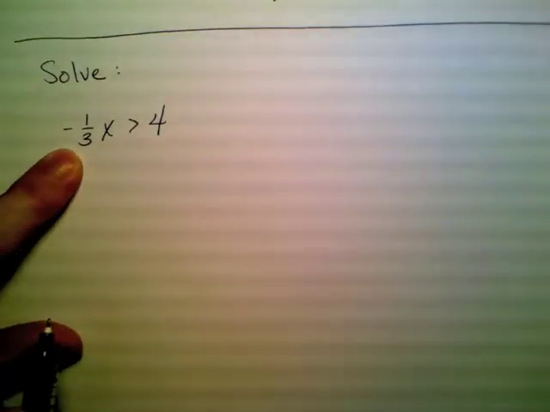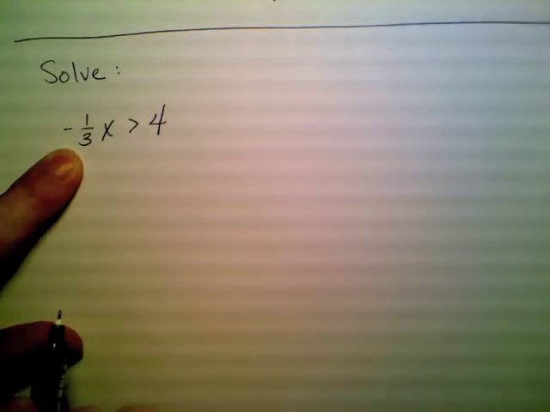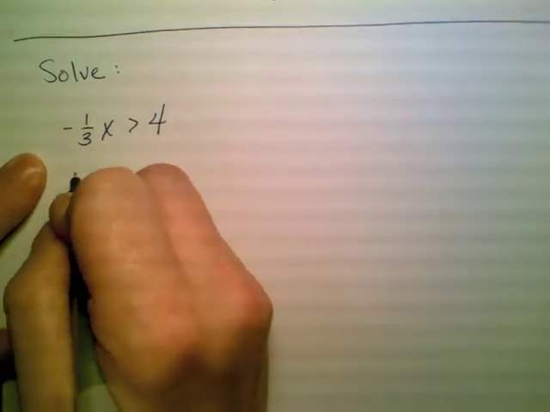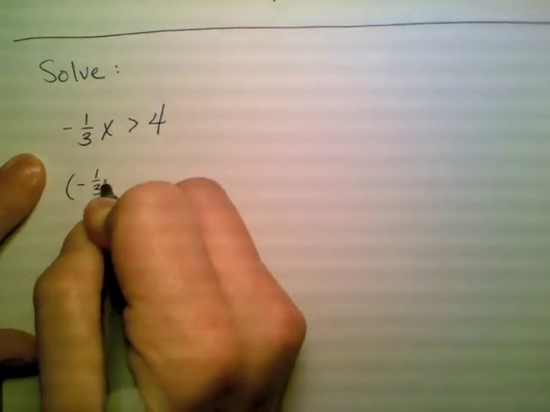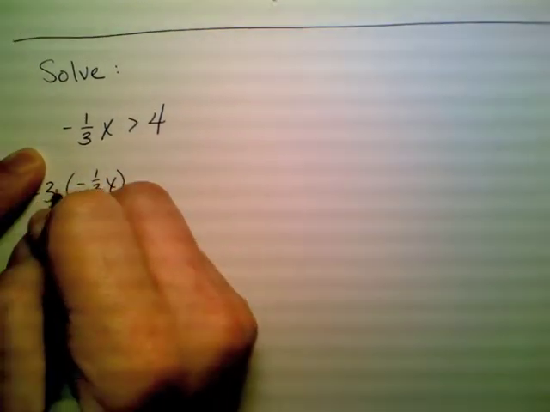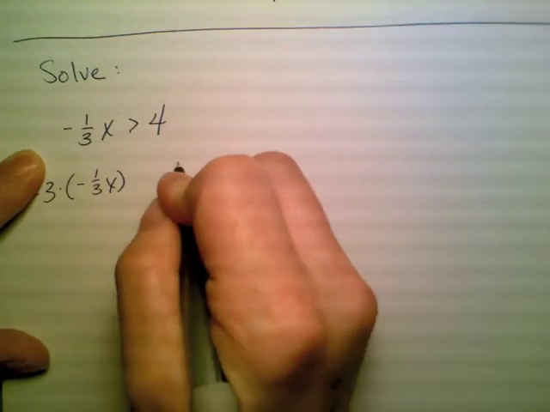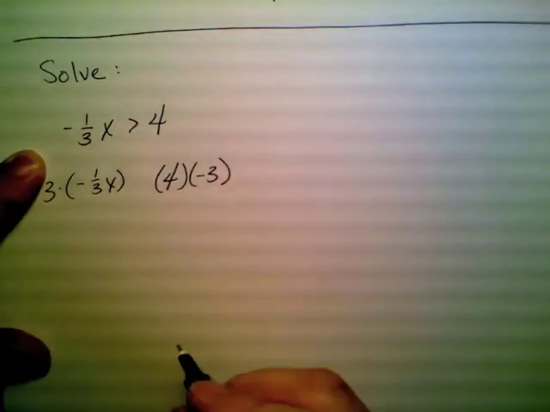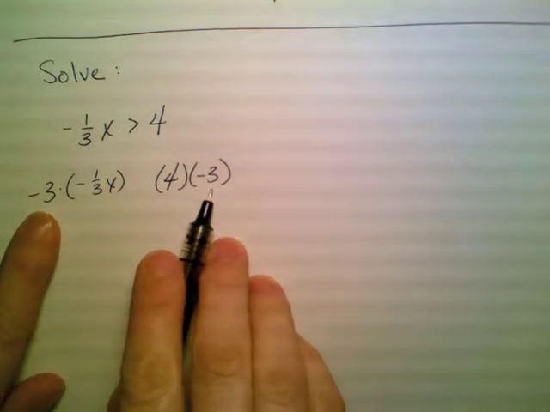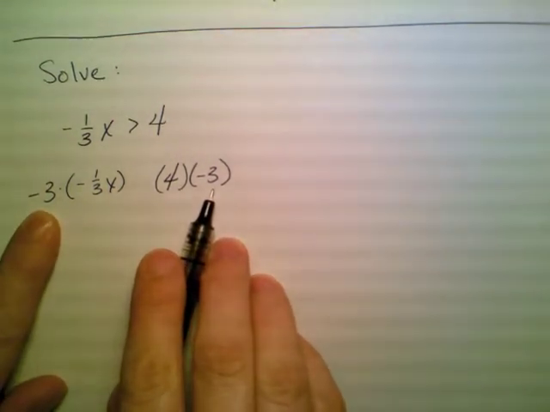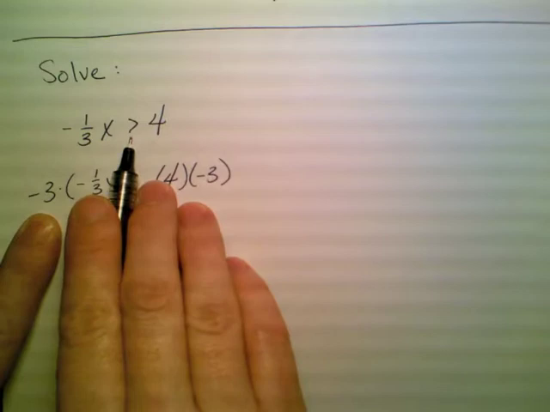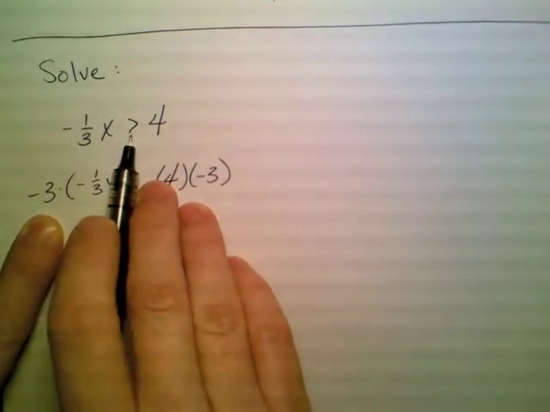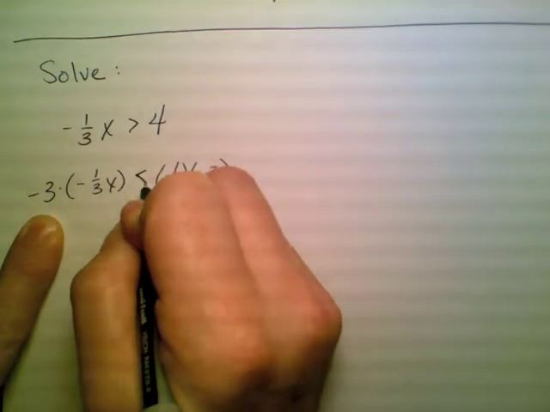I want to get rid of this -1/3. The way that I'm going to do that is multiplying both sides of this inequality by a -3. I'm just going to be very explicit about this and write that out. When I do that, I'm multiplying by a negative number, so my inequality symbol needs to change. It was a greater than, it needs to become a less than.